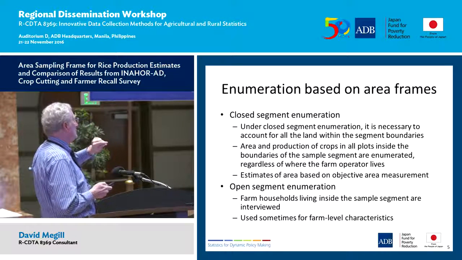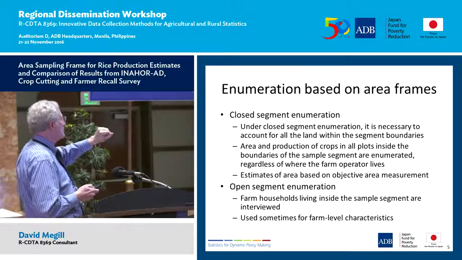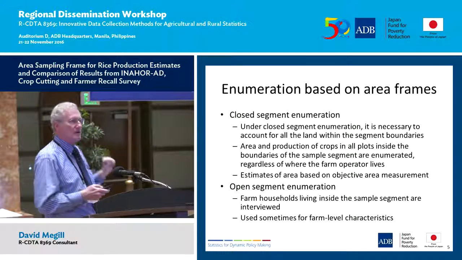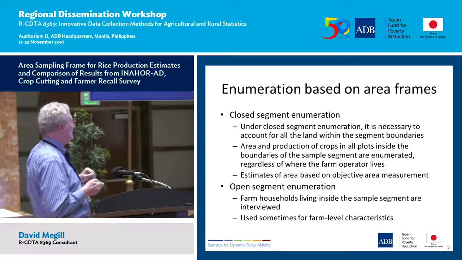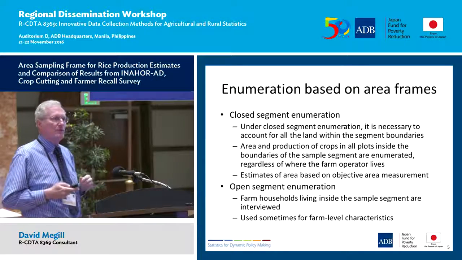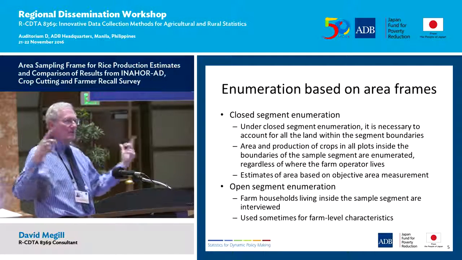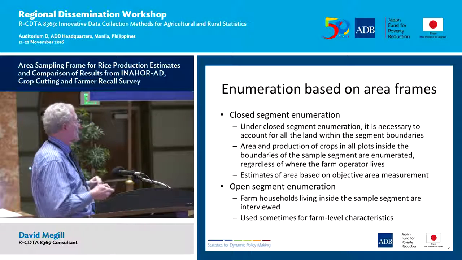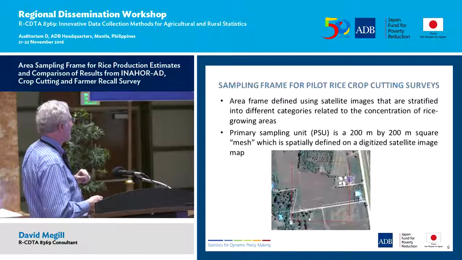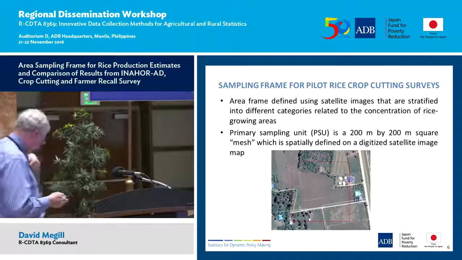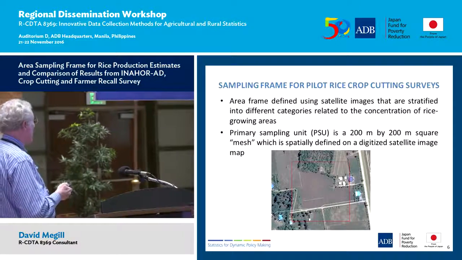But in the case of our survey, we actually had what we're going to call later a mixed or weighted segment approach, where in the farmer recall data survey, we're asking about the information for the entire farm, and we're going to be reviewing that also.